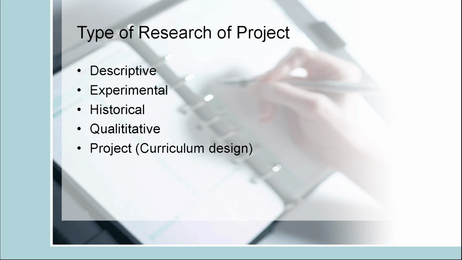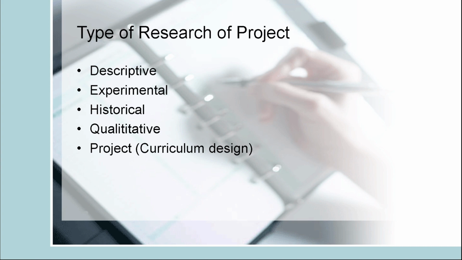Your way of proving it would be an experiment in which you assess the skills of the students prior to the experiment. They get their score, and once you expose them to your methods or your solution, you get their score again at a later part and see if there is a difference. Common statistical tools applied in experimental research are the t-test and z-test. So those are the experimental ones.